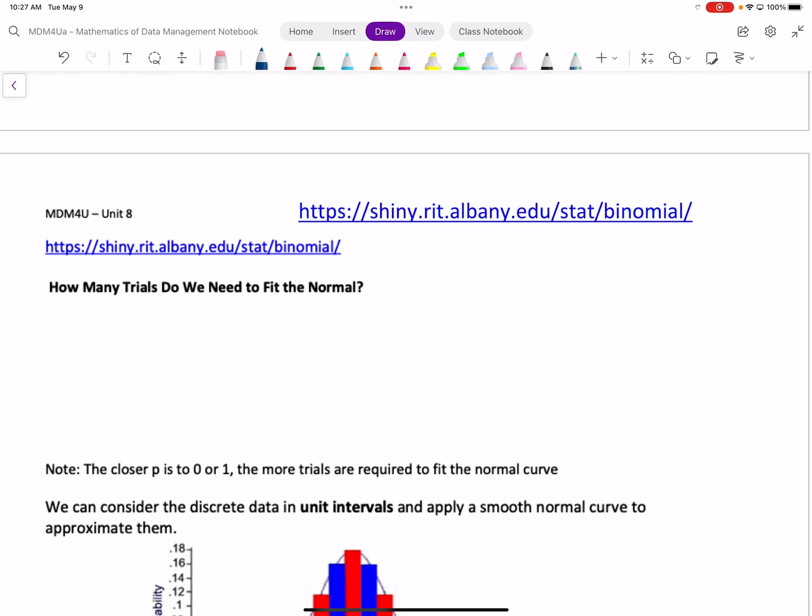So if you have a discrete data situation that's dealing with a binomial, you can use the normal distribution, but you have to check to make sure that n times the probability of success is greater than 5. And because probability of failure is 1 minus p, n times (1 minus p) also needs to be greater than 5.